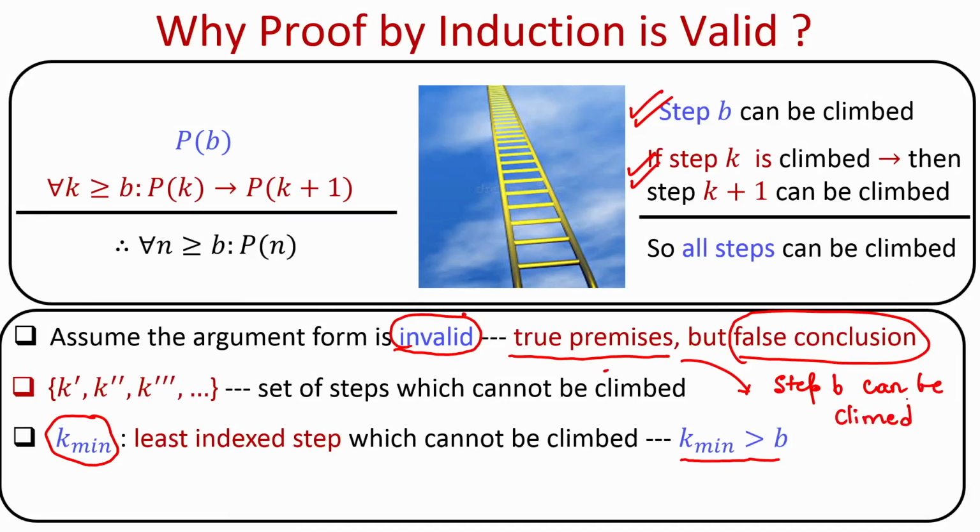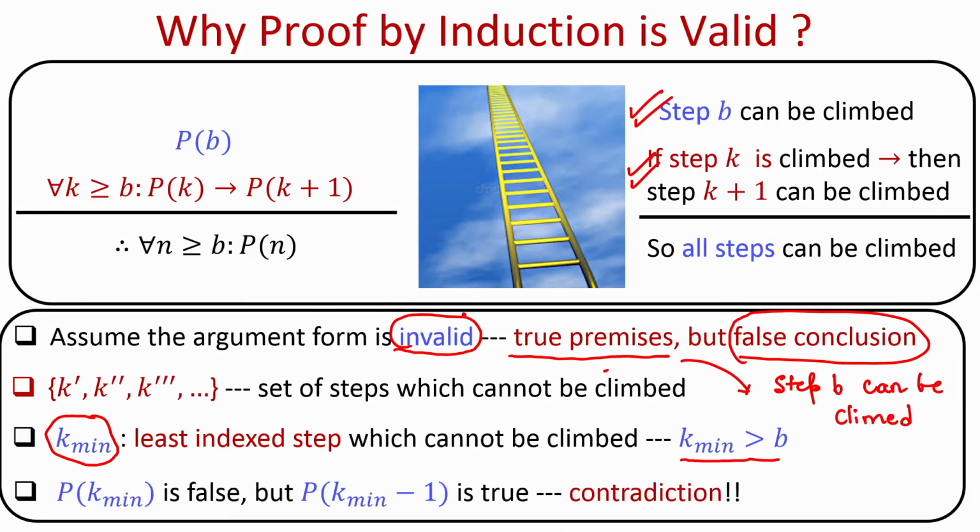So, k min can be anything after b onwards, but if the property p is false for k min, that means if the step number k min is unreachable, that means the step number k min minus 1 is reachable, or the property p is true for the element k min minus 1.